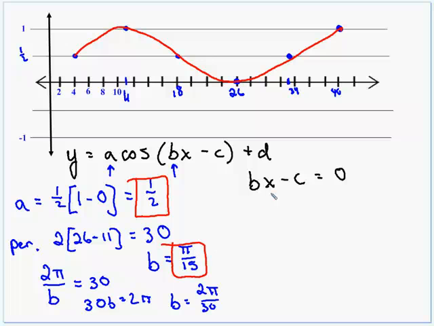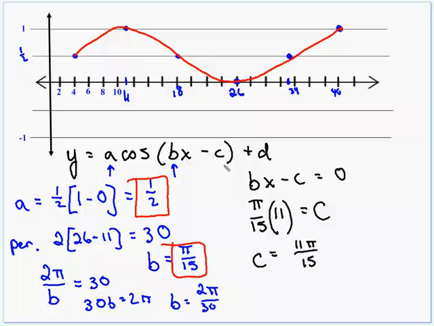Well, we found b was pi over 15, and x is going to be the day of our first peak, our first hill. And that occurred at day 11. Then we add c to both sides to get rid of this negative c. C is equal to pi over 15 times 11, or c equals 11 pi over 15.